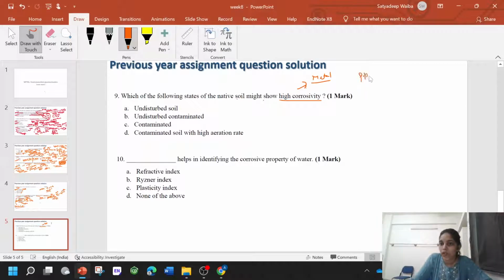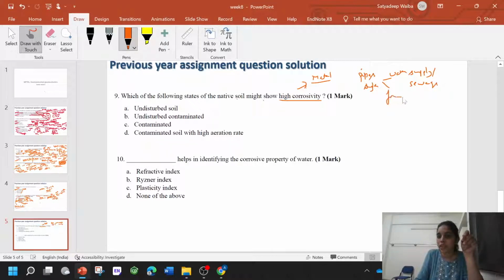Metal pipes or metal rods that we put into the soil for two reasons, right? One is for water supply or for sewage, where we use pipes, and then we use these metal angles in the foundation. Wherever we make dams or anything in the foundation, we use these metal angles, metal pipes.